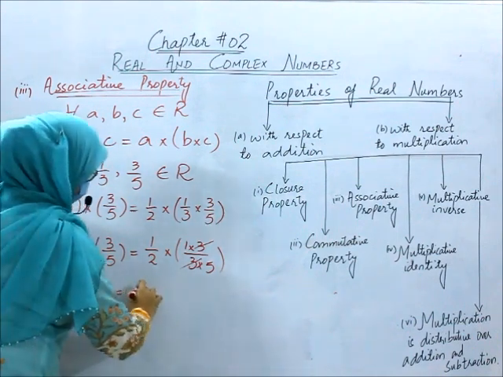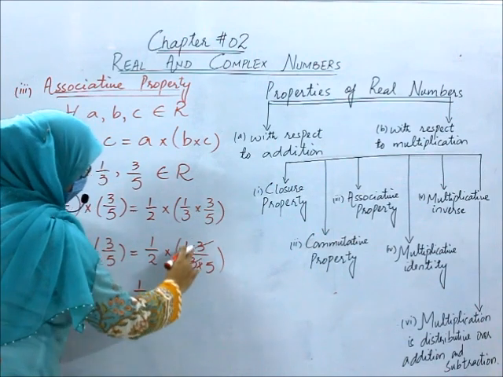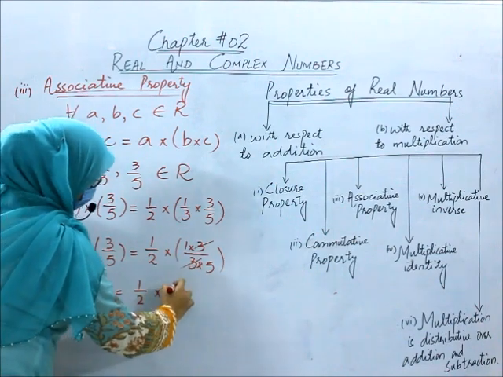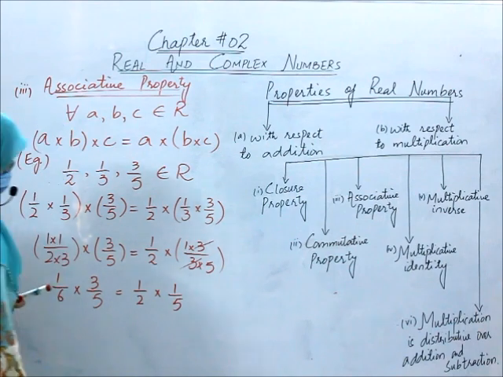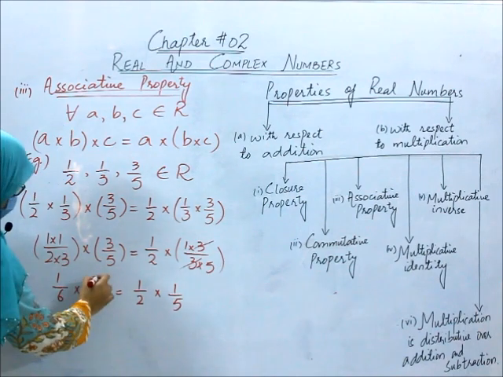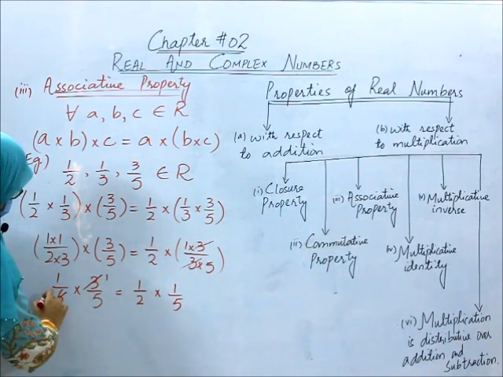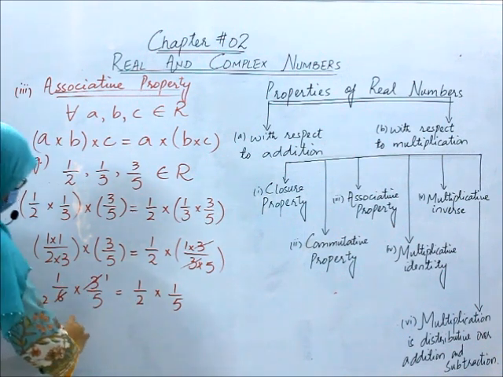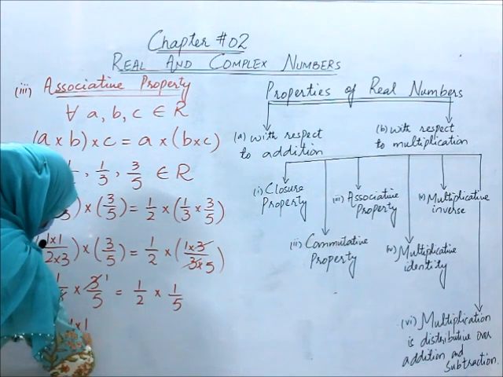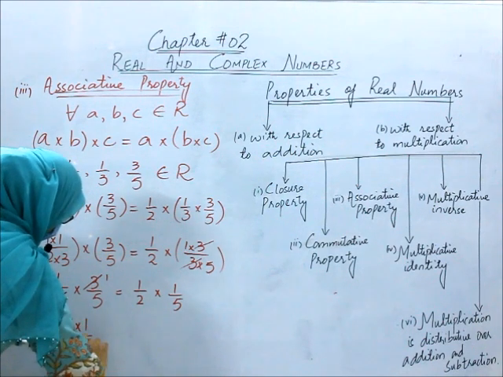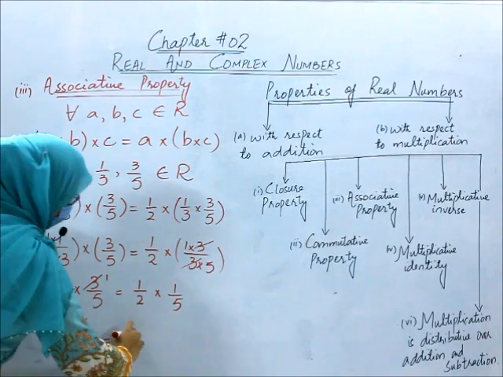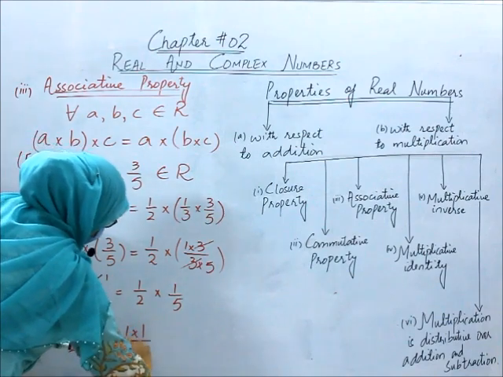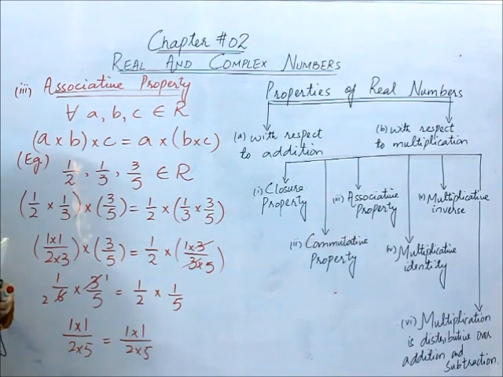What about the right hand side? 1 by 2. What we will have over here? 1 over 5. Now let us simplify it. Can we simplify it like this? 3 into 1, 3 into 1, 3 and 3 into 2 will give you 6. So here we will have 1 into 1 over 2 into 5. And what about this? 1 into 1 and 2 into 5.